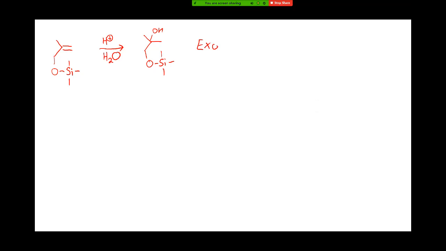Except you don't get that product. You do the Markovnikov addition, which is great, but then this silicon thing falls off. The problem there is that this guy here is acid sensitive. So in the presence of acid, this thing falls off.